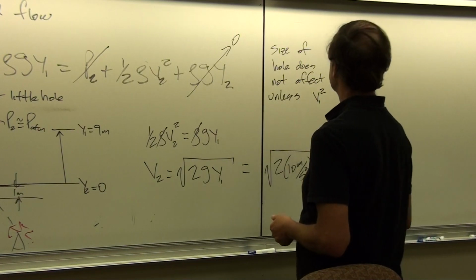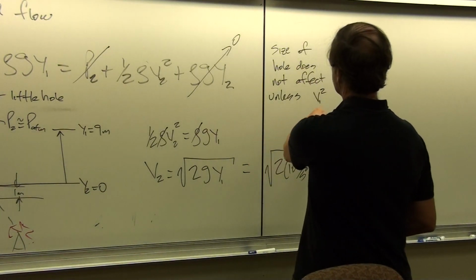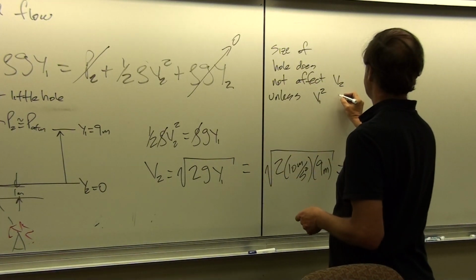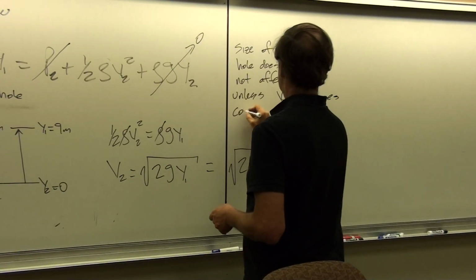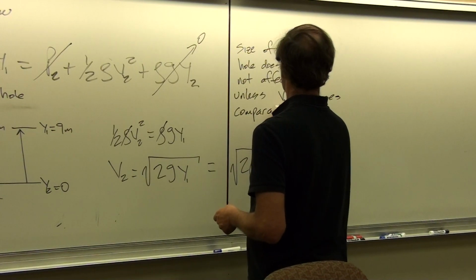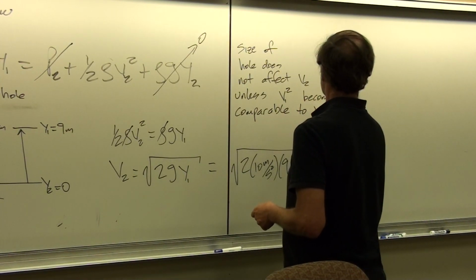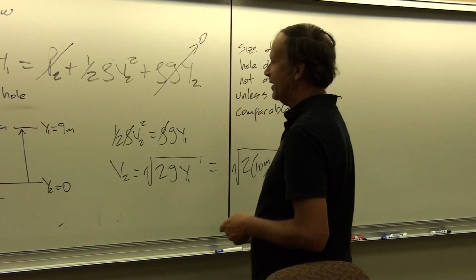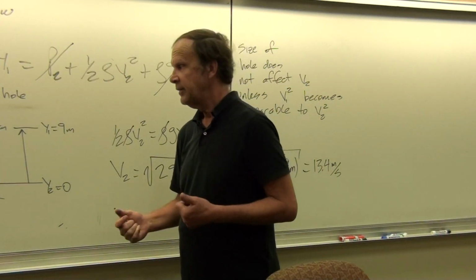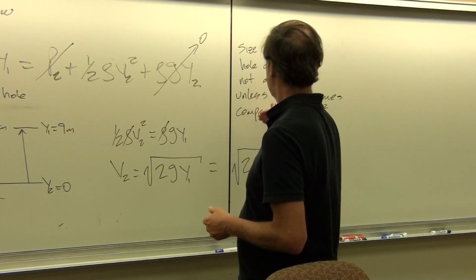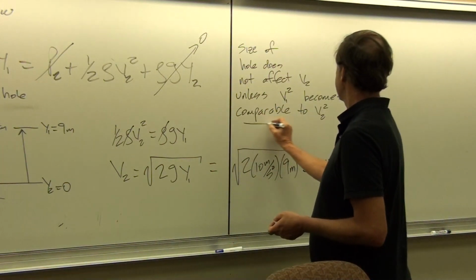Or more specifically, V1 squared becomes more comparable to V2 squared. But as long as V1 and V2 differ by, say, factors of 100, then 100 squared is 10,000. They're not comparable in that case.